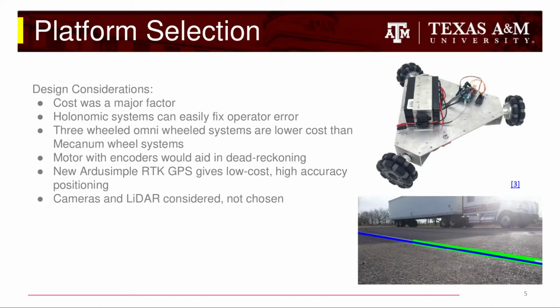Additionally, imperfections and inconsistencies in the road surface made it difficult to reliably use cameras at all times of day and night. The resultant platform is an omnidirectional base controlled by a Raspberry Pi. Feedback is given via the motor encoders, and measurements are taken from an RTK GPS.